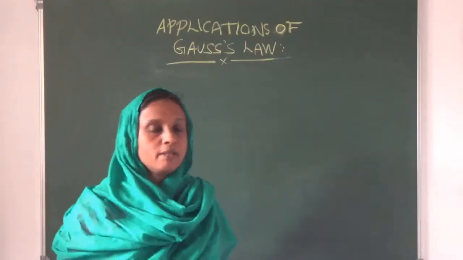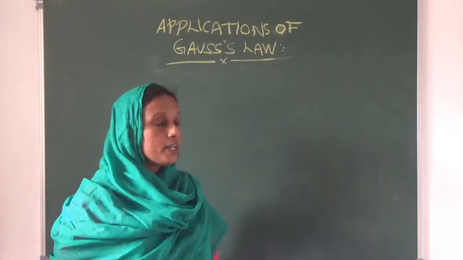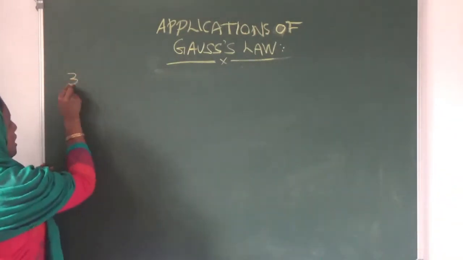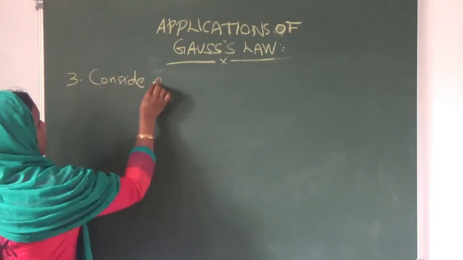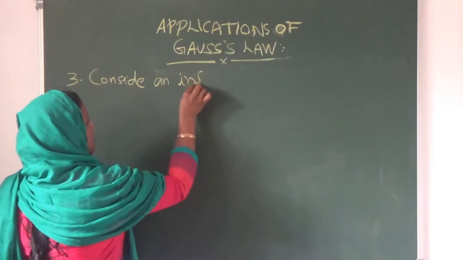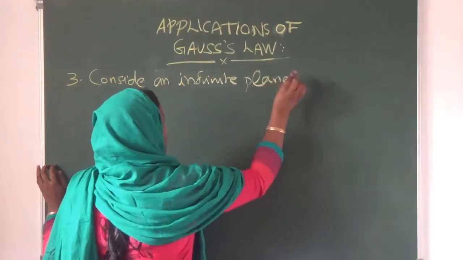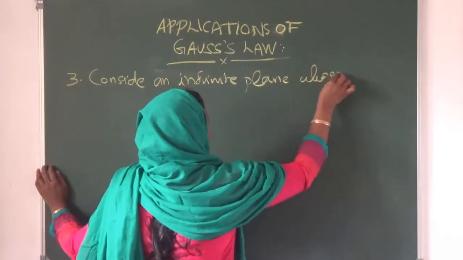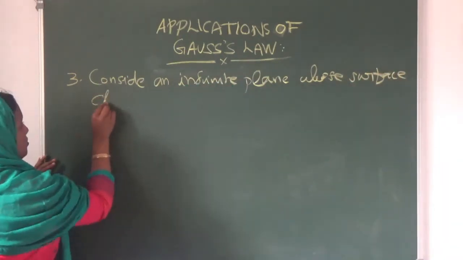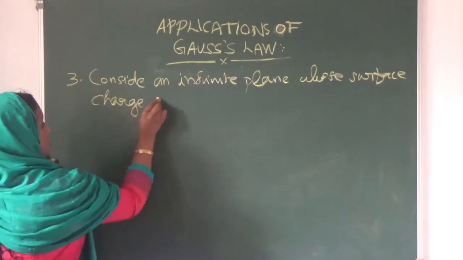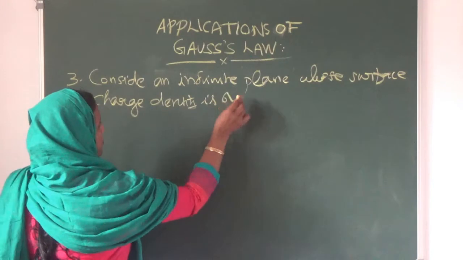A third example, we can consider a system with planar symmetry. For example, consider an infinite plane whose surface charge density is sigma.